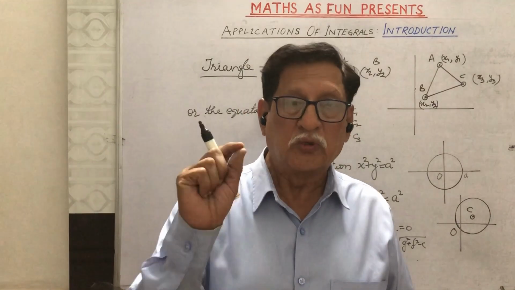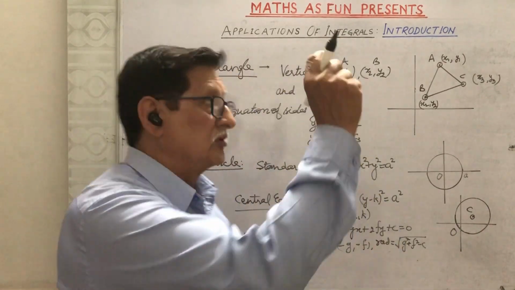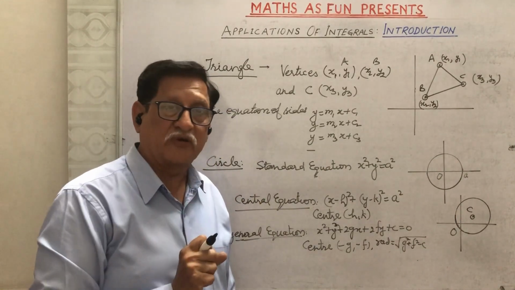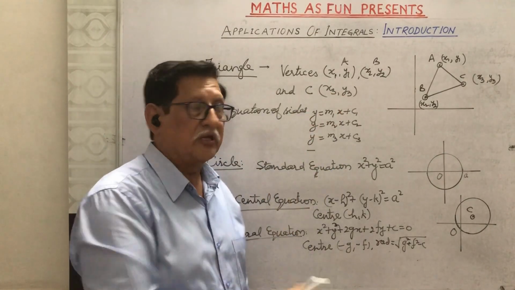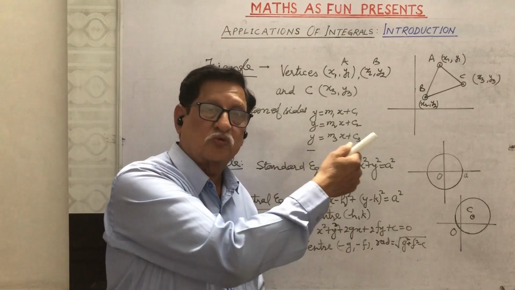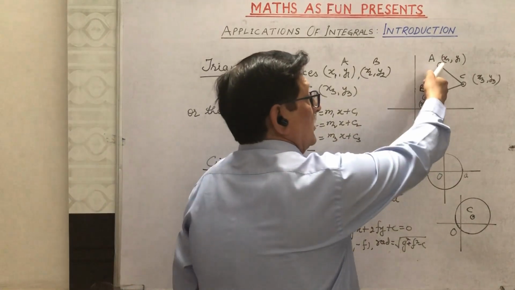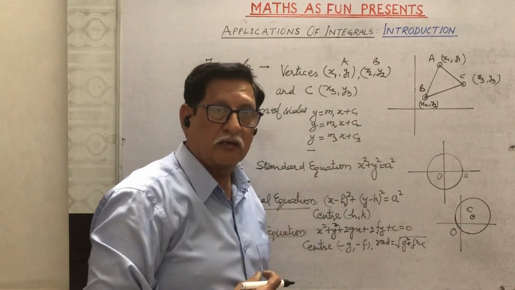Now, after learning about drawing of the straight line when the equation is given, let's come to the triangle. In case of triangle, there may be two types of cases. One is that you have been given all the three vertices A, B, C, and suppose the coordinates are x1, y1, x2, y2 and x3, y3. Then we can easily plot the points and join them to get the triangle.